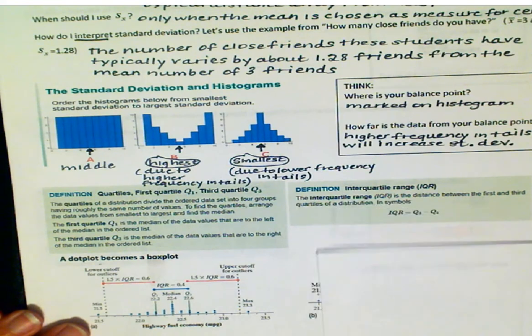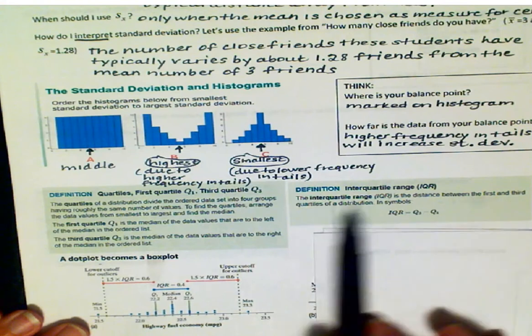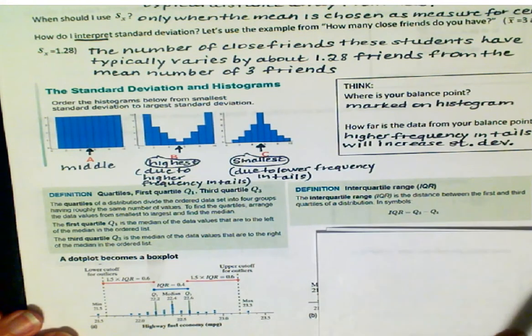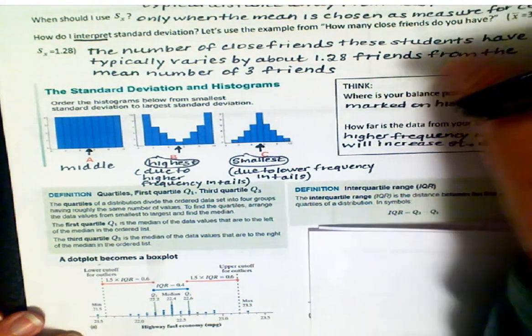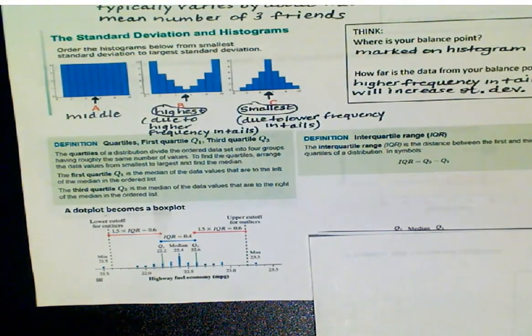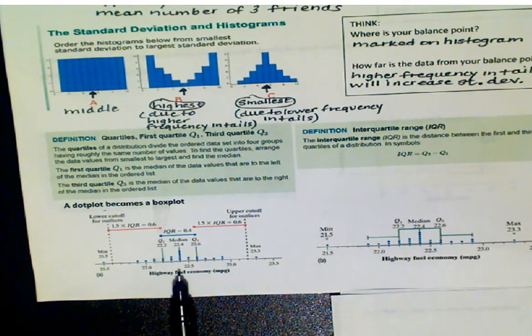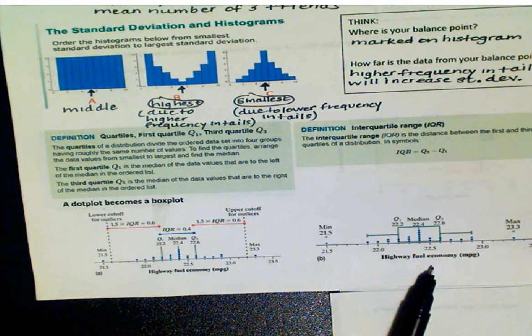And then the IQR is really easy. How do you find the interquartile range? It's the distance between the first and the third quartiles. Okay? So if we look at this dot plot, the dot plot becomes the box plot.